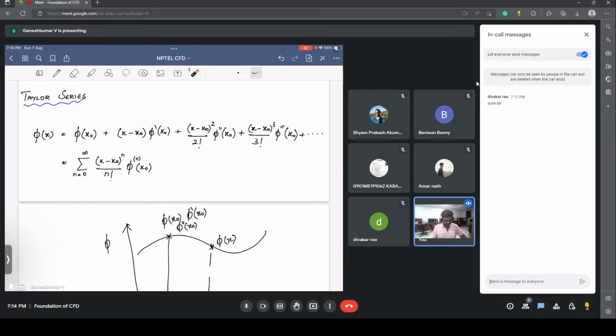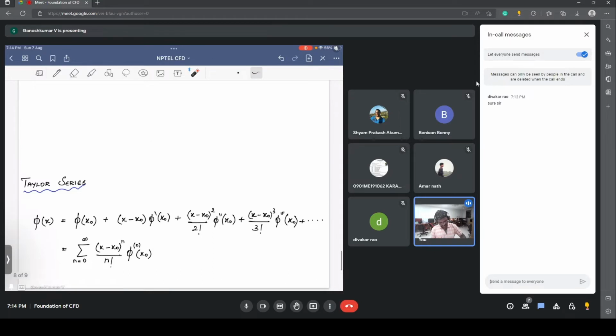If you want, you can go and check how this theorem is possible, like go and check the proof of this theorem. We will construct any scheme based on this Taylor series expansion.